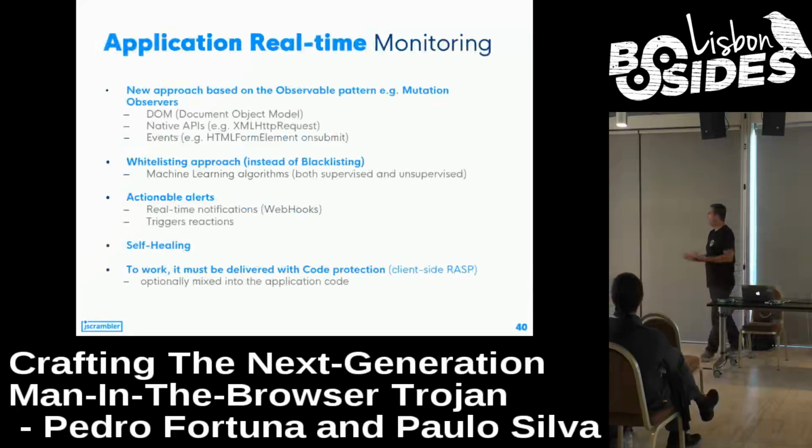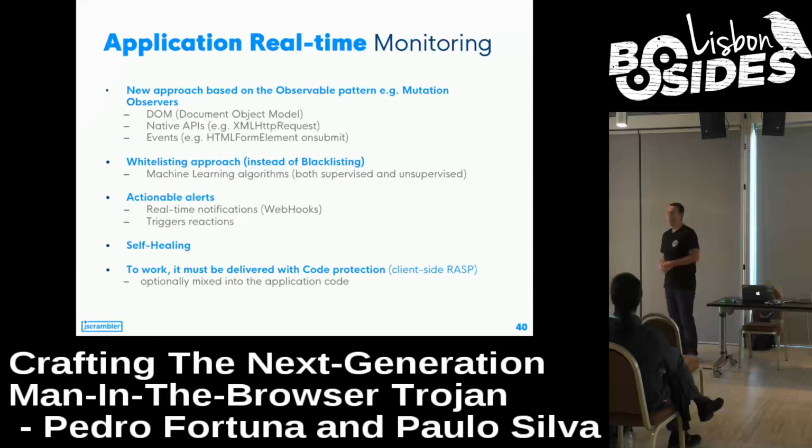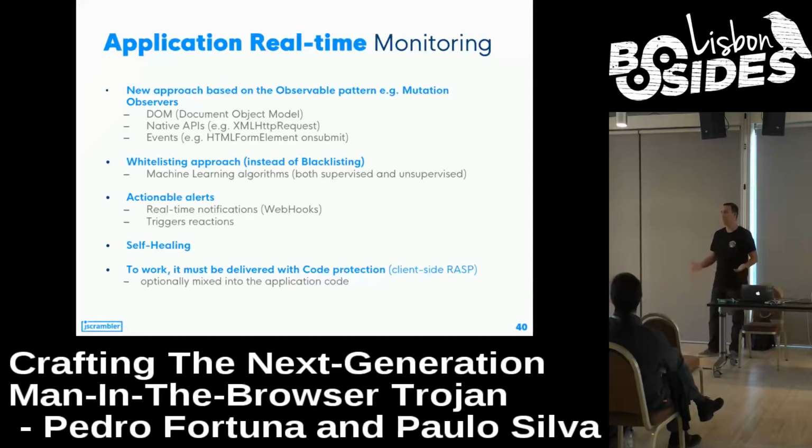And we propose a new approach, which is called application real-time monitoring, in which basically we are continuously monitoring the web page DOM for any non-expected modification, and for script injections that might be modifying the native APIs and hijacking events.